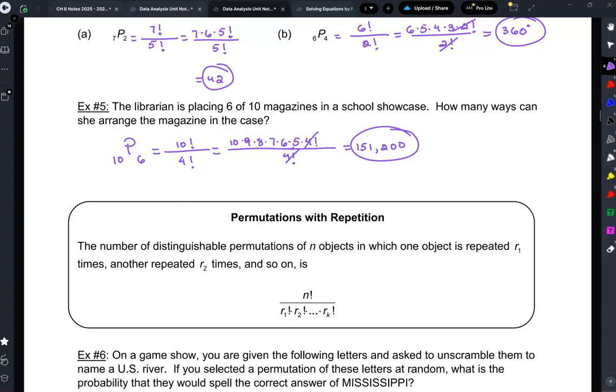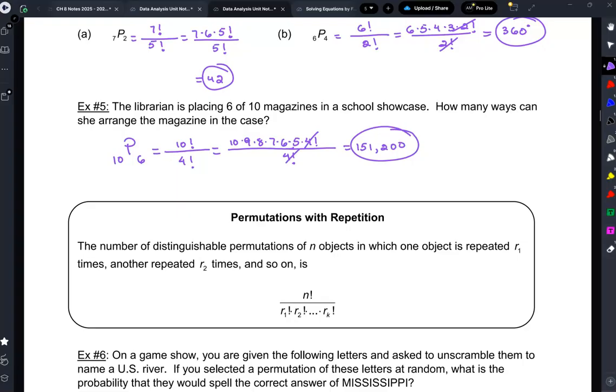Right? Okay. Now, what if there are permutations with repetition? So what if you have 2 identical copies of the National Geographic, right? And so it doesn't matter if you put them like this or if you put them in the reverse order. It doesn't matter because it looks the same, right? So in the permutation, we have to have a way to remove those.